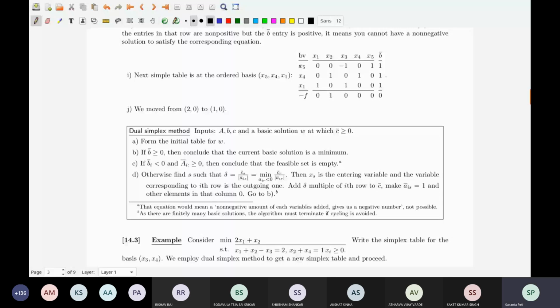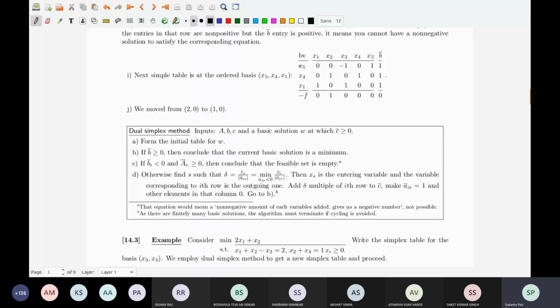And if you see that C bar is greater than or equal to 0, but B bar has some negative entries, that basically means you are standing at a corner-like point outside the set, such that at that point the objective function is minimized over the affine cone. In that case, you have to perform this dual simplex method. In this dual simplex method, you pick one of those rows for which B bar is negative, multiply it with a -1, then you have to select.